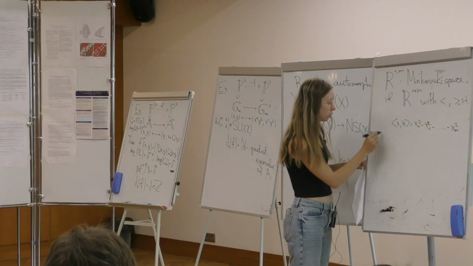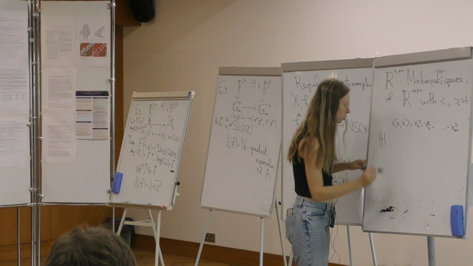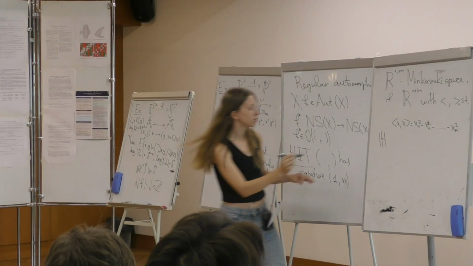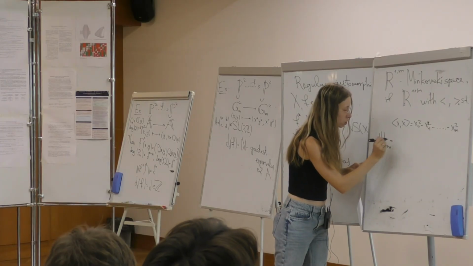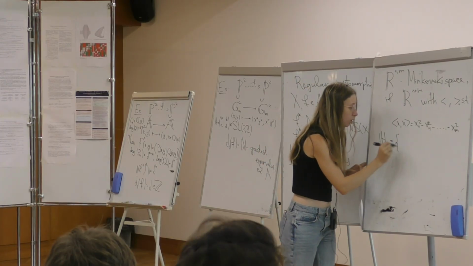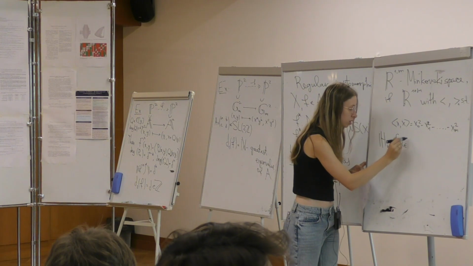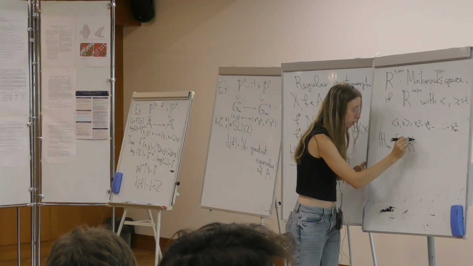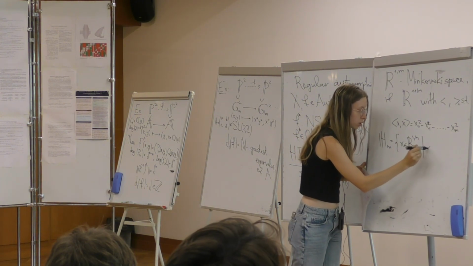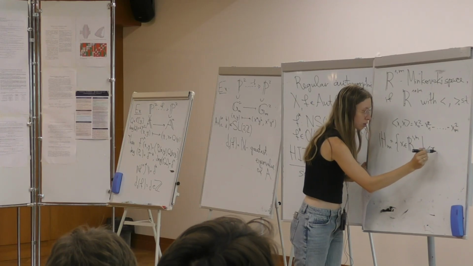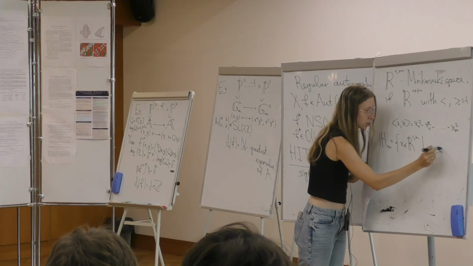Here we have a hyperboloid H^m, which is the set of all x in R^{1,m} such that the form of x equals 1.